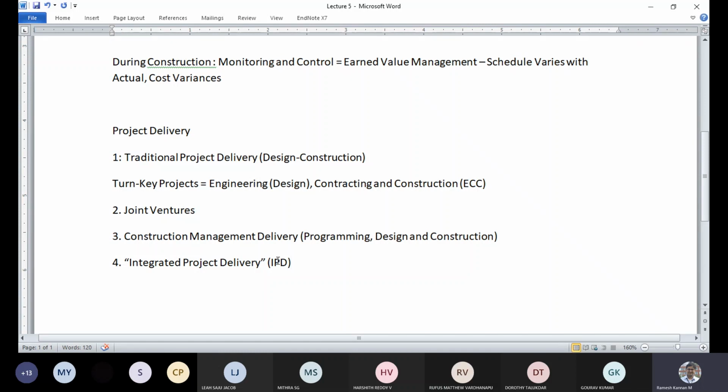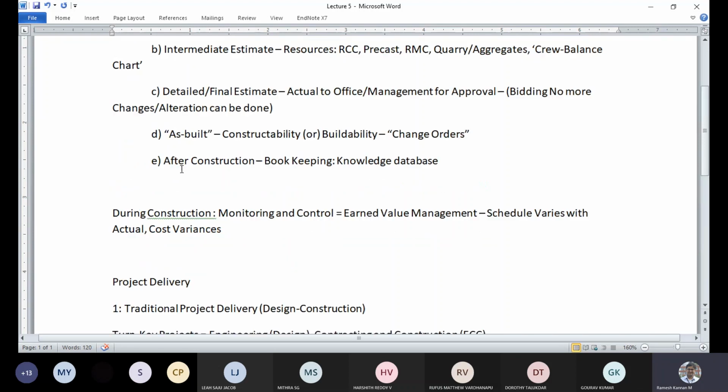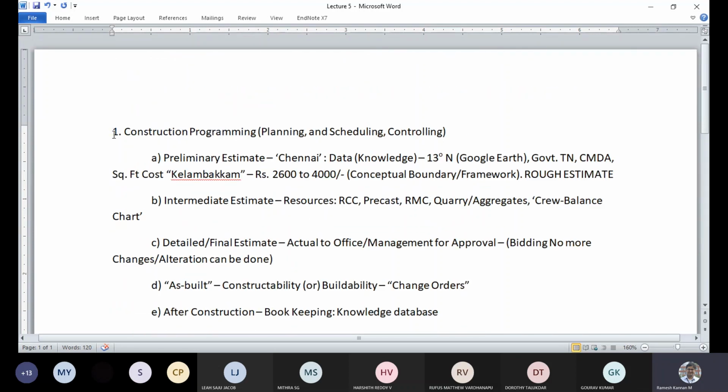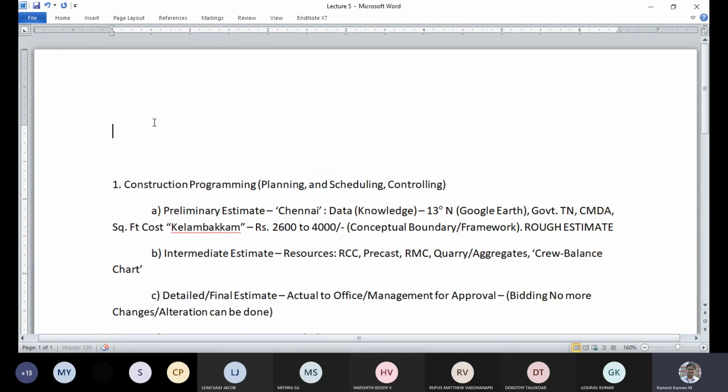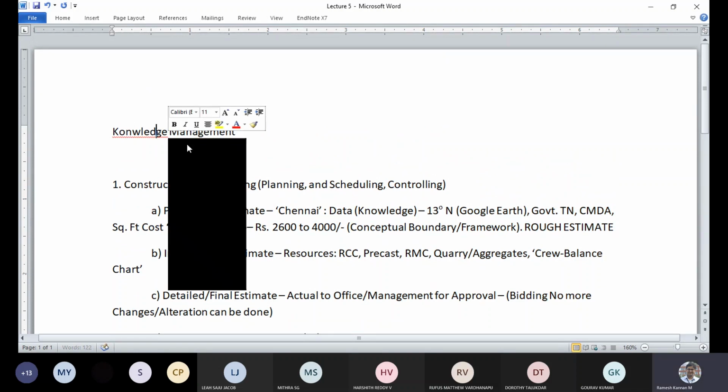That will be very important that you should really know in terms of project delivery, right? So these are the things that you should know about construction project management. Next, a pretty much important thing, all these things you can put under knowledge management. So you can put under knowledge management.